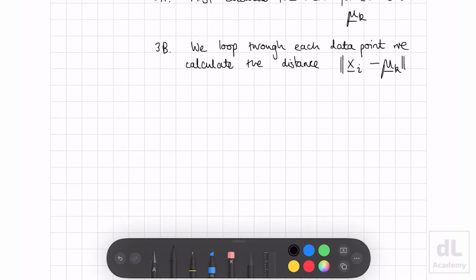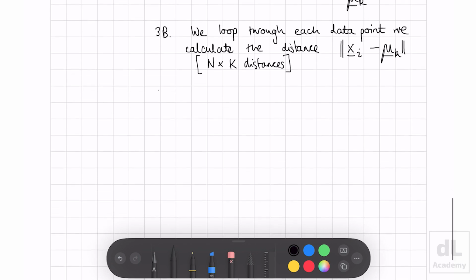So this actually requires you calculating n times k distances. Okay, so it's quite expensive, particularly for big data sets.